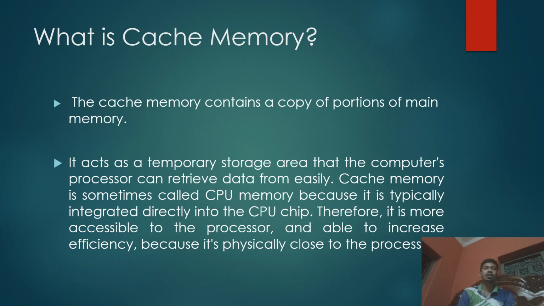A cache memory is mainly a memory, and its location is very close to the CPU. A cache memory stores some app addresses or some data addresses. Suppose I have an app named file manager and I want to open it.